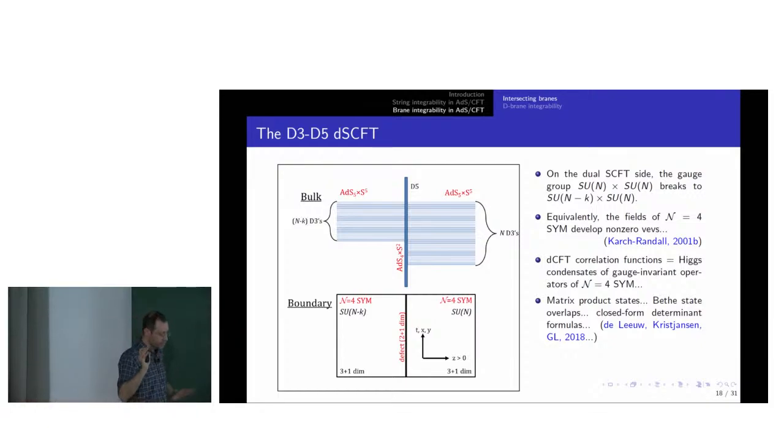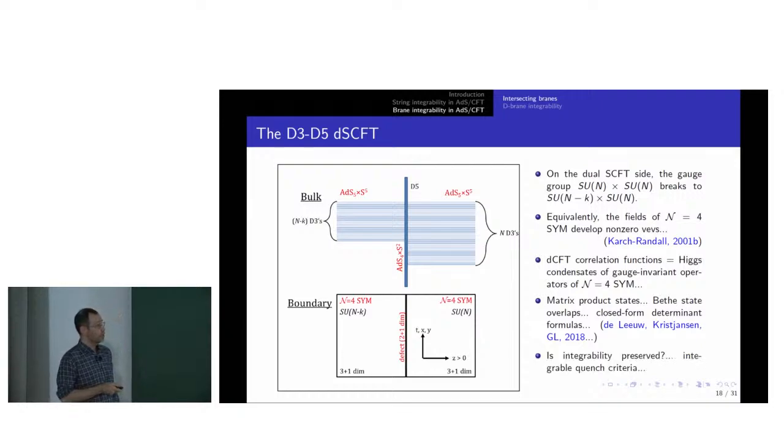So there is the notion of quench integrability, which I won't go into, but this concerns the dual gauge theory side. One of the manifestations of integrability is the fact that we can write closed form formulas for the CFT data, that is the structure constants of one-point functions.